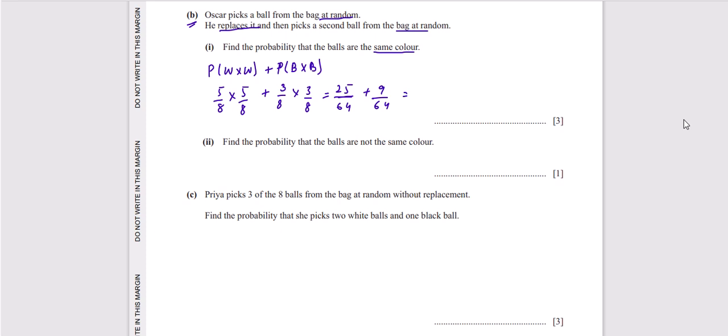Sum of these values we get 17 over 32. The final answer is 17 over 32.